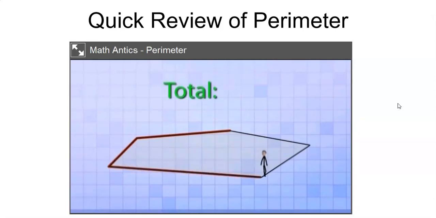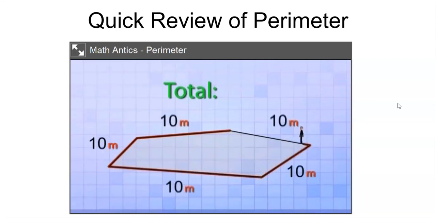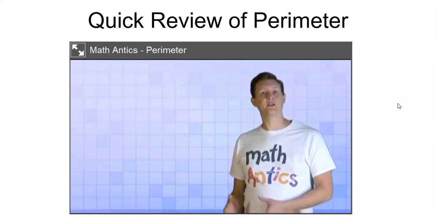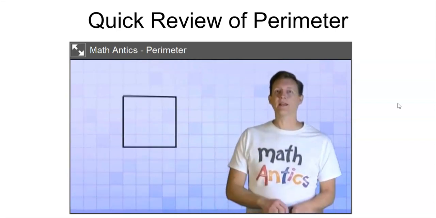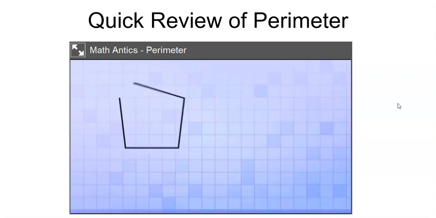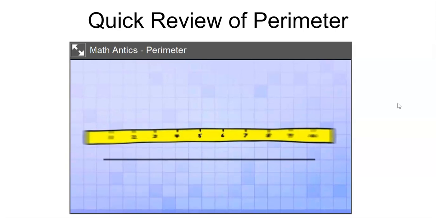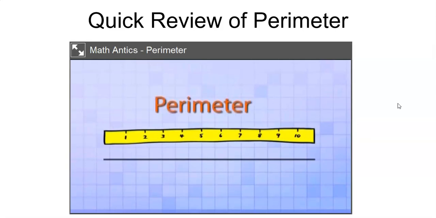In this case, if the length of each side of the polygon was 10 meters, the total length you would travel along all 5 sides would add up to 50 meters. Another good way to see what perimeter is to imagine that you could take a shape, like this square, and break it at one of its corners. Then you could unfold the shape until it formed a straight line. The length of that line is the perimeter of the shape.